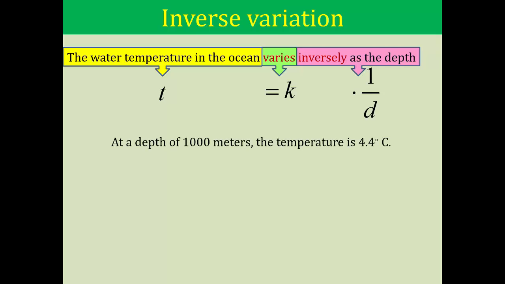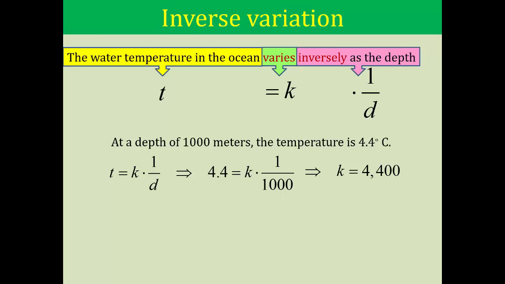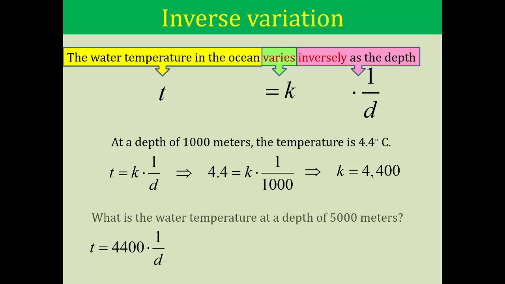And here's the same thing that we just did, and we'll go through it a little bit quicker. If we're given an observation, we plug those numbers in and compute the K. We then rewrite our equation and we answer questions. Here we just take our new equation and plug a 5,000 for the D and type that into our calculator.